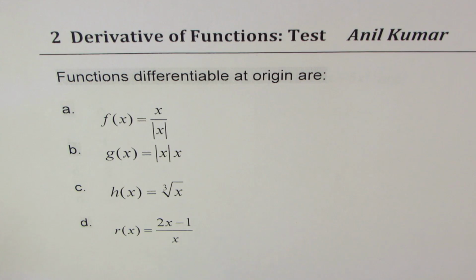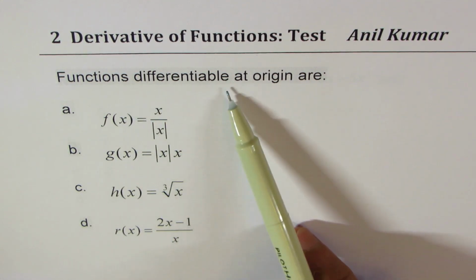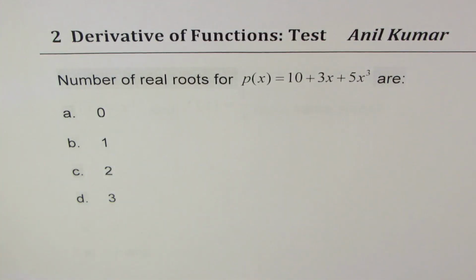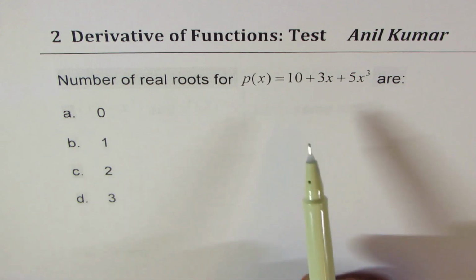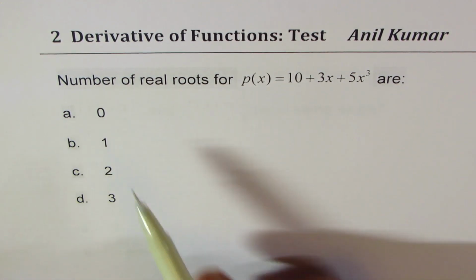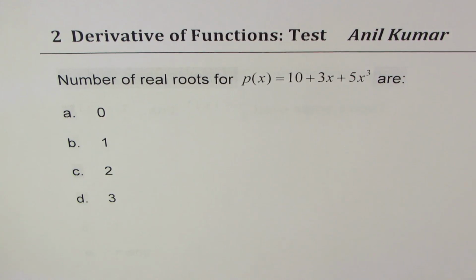The question here is, functions differentiable at origin are, which one of these are differentiable at x equals 0? Number of real roots for polynomial function 10 plus 3x plus 5x cubed are 0, 1, 2 or 3.